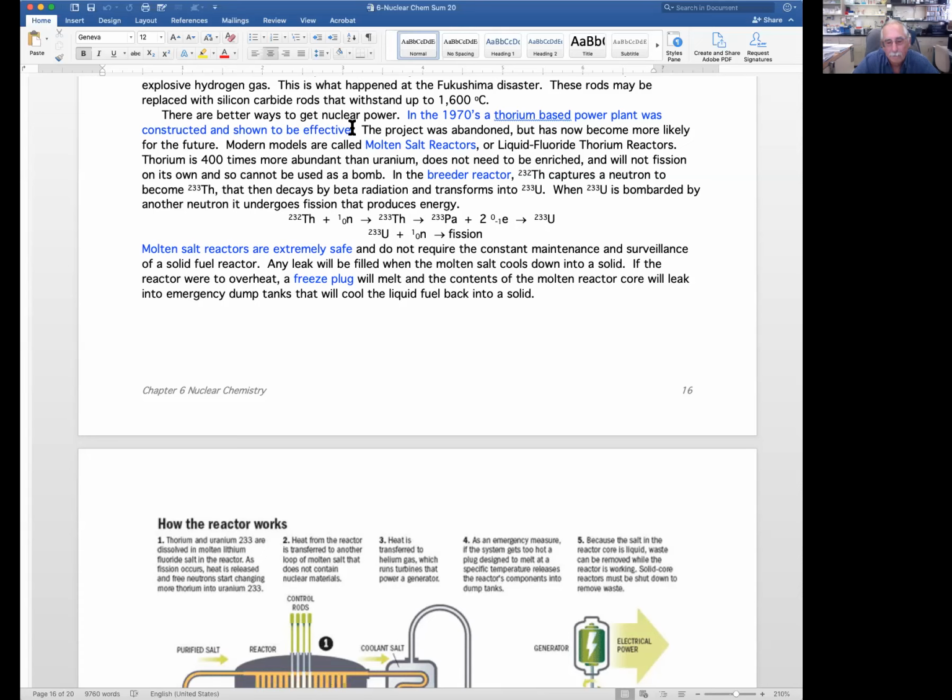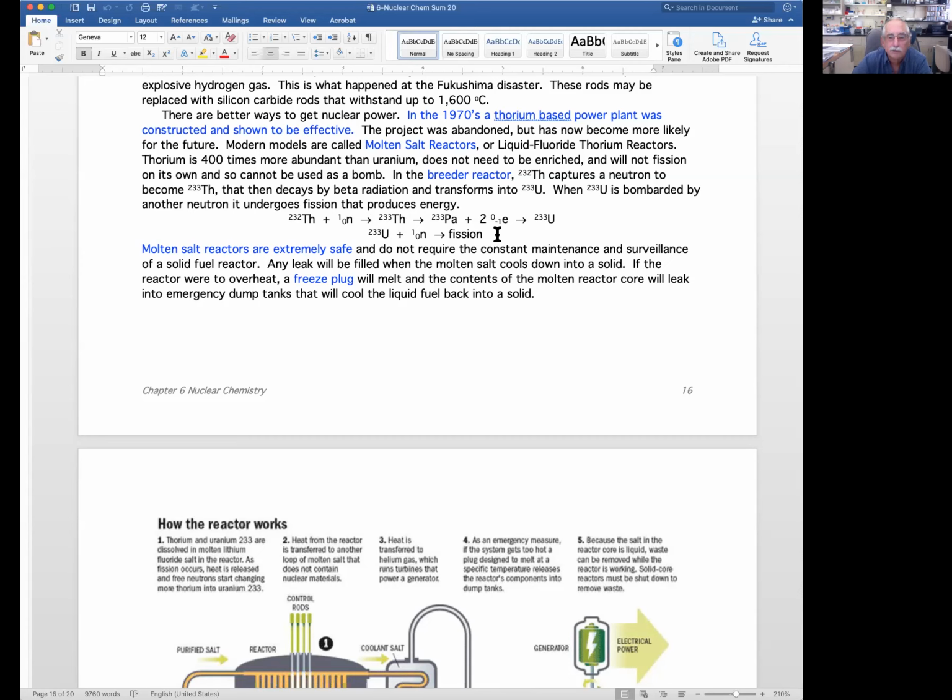So in the breeder reactor, the thorium-232, which is not very reactive, captures a neutron. Then you get thorium-233, which then gives off beta radiation, and you end up with uranium-233, which can be used to do fission.